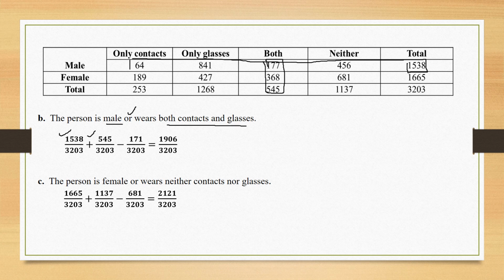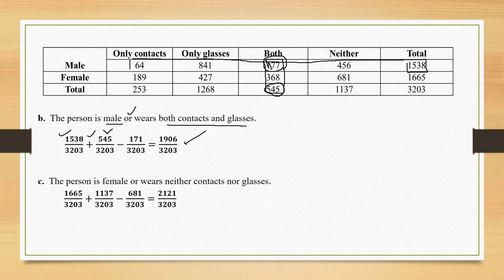So this is both. The total number of people who wear both contacts and glasses is 545, but this 171 is common. If something is common, it will be subtracted from the sum. So the answer is 1906 divided by the total number of people.